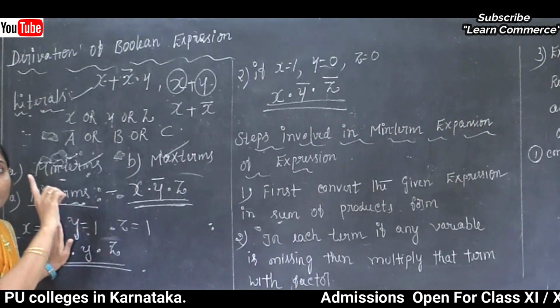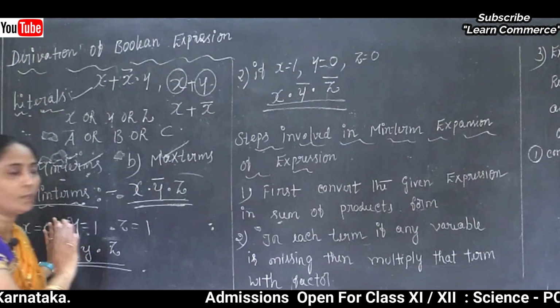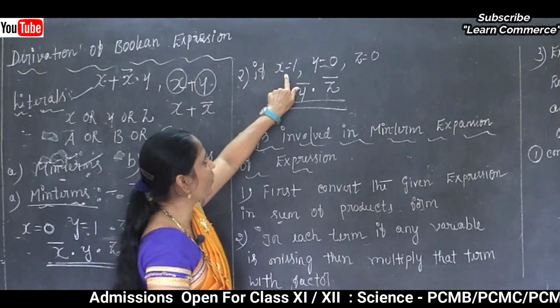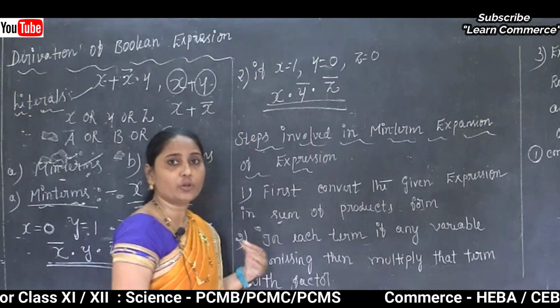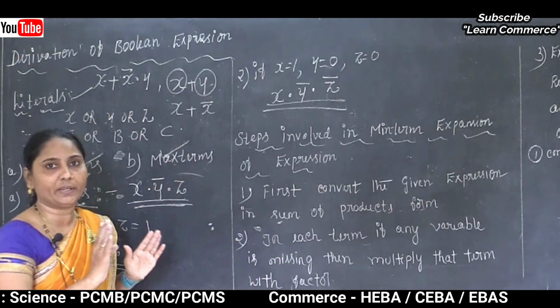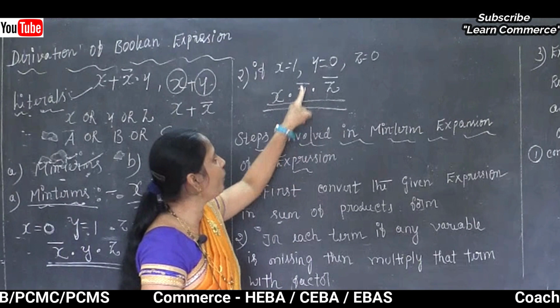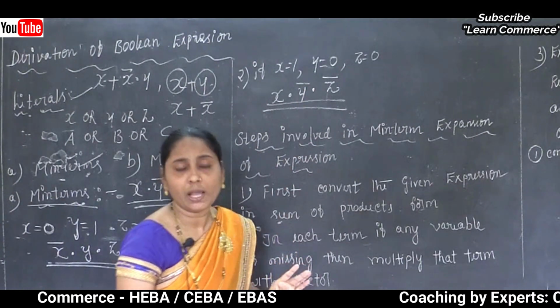For a variable with value 0, take its complement. Now here the x value is equal to 1, so no complementation, but the y and z values are equal to 0, so sure we need to take the complementation of the variable: complement of y and complement of z here.